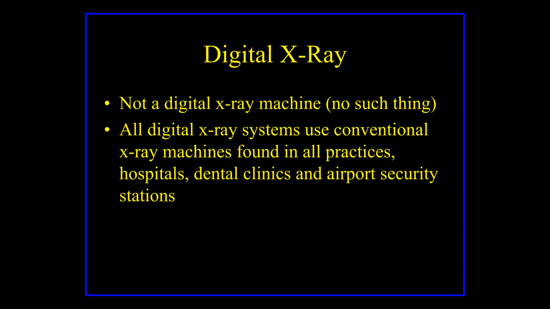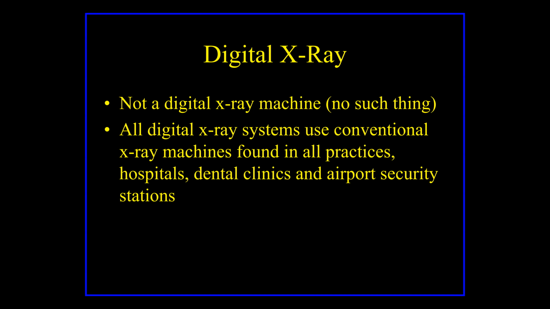Now that we've talked a little bit about how X-rays are produced and real basics on film screen, let's talk a little more about digital X-ray. Digital X-ray came about in veterinary medicine probably 10 to 12 years ago when people started buying digital X-ray devices. You have to be real careful when you understand it. There is no such thing as a digital X-ray.